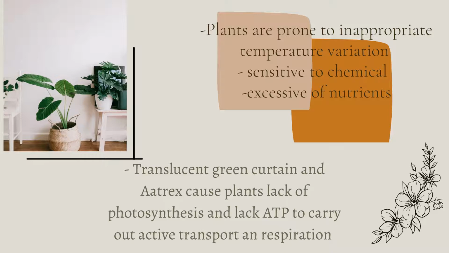These two methods make her plants not grow, and the plants lack photosynthesis and also lack ATP to carry out active transport and respiration. It is because of the mistakes that she made. This is the reason why I think the leaves turn yellow and not just brown, because no ATP or NADPH is synthesized, and the process of photosynthesis does not happen.